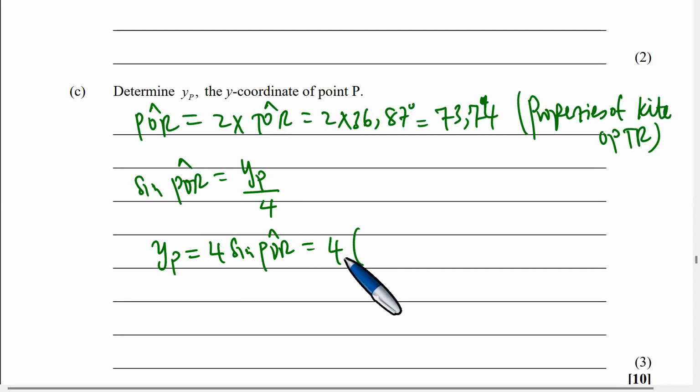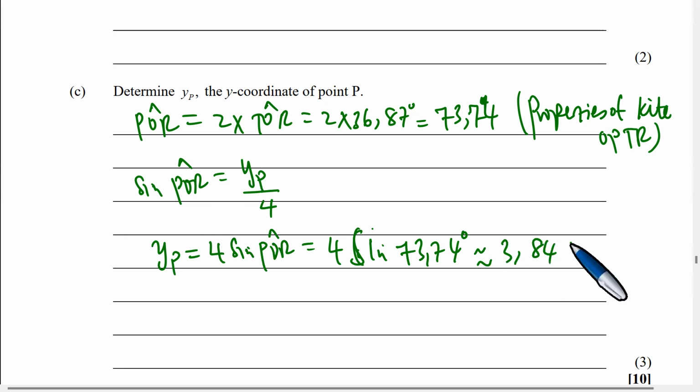This is the sine of POR, which is 73,74 degrees, and this is approximately 3,84 units. Right. Next question. So we're supposed to find y at P. So y at P is exactly 3,84 units. Continue.